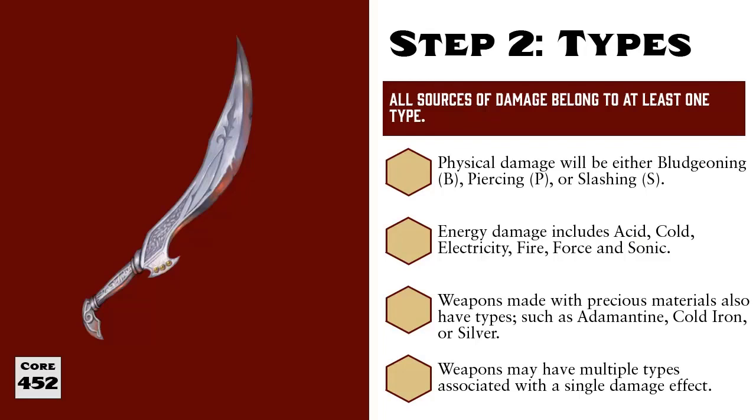If it was a flaming silver warhammer and it struck a skeleton, we would note that it did 6 points of bludgeoning damage that also has the silver trait, and in addition to that, also inflicted 4 points of fire damage. When a weapon is made of a special material, like silver or cold iron, that trait is applied to the weapon's base damage type.